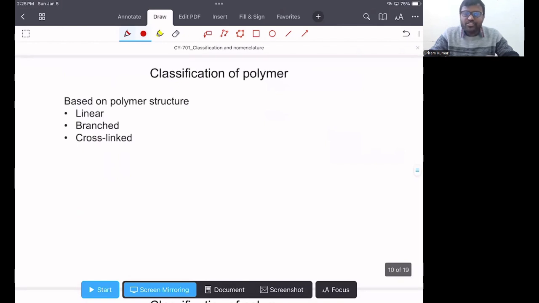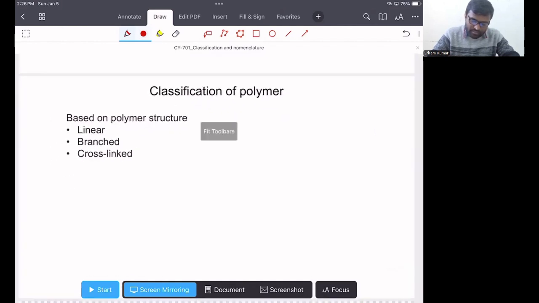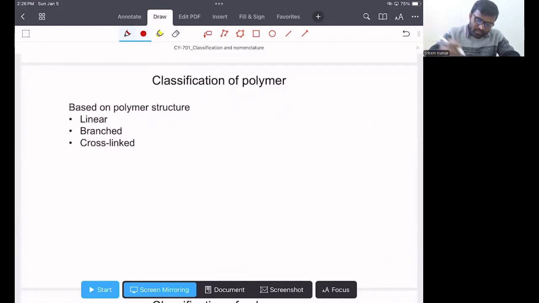And the second classification is based on the polymer structure. If you classify all the polymers based on the structures, then we have three different kinds of structure of the polymers. One is the linear, branched, and cross-linked polymers. So now let's understand.